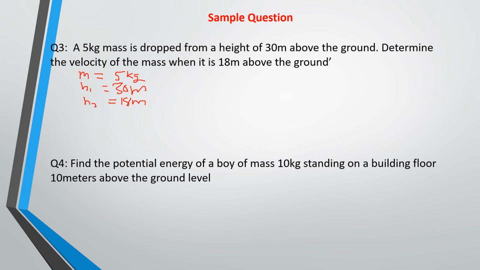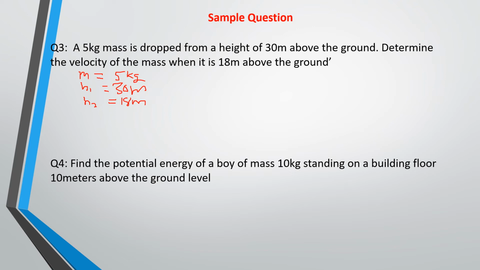Then at height 18 meters, the total energy possessed will be equal to the sum of the kinetic energy and the potential energy. So remember the equation we just wrote.